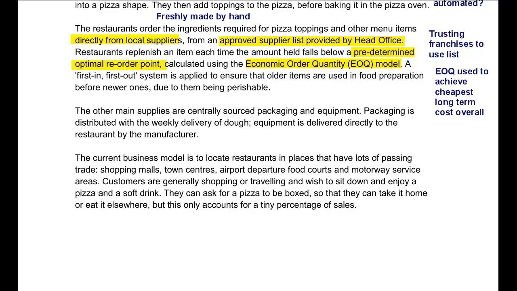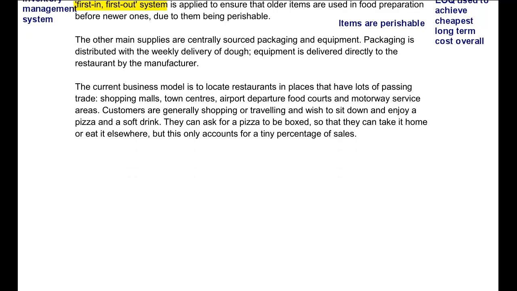However, the disadvantage of using this model is that it doesn't take into account costs and issues relating to deliveries and delays in delivery, holding costs, and also the fact that the items are perishable, which it does go on to talk about here by using a first in, first out inventory model. But the actual economic order quantity model itself will not take those into account. Now, in addition to the dough, other supplies that are sourced centrally are packaging and equipment.